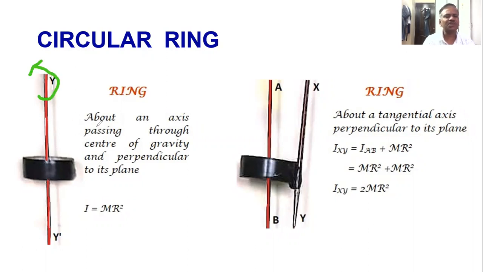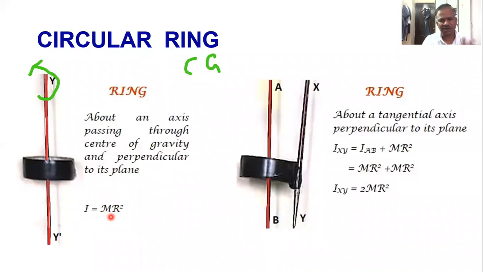About an axis passing through the center of gravity, sometimes written as CG in the problem, and perpendicular to its plane, the formula is I equals m r square.